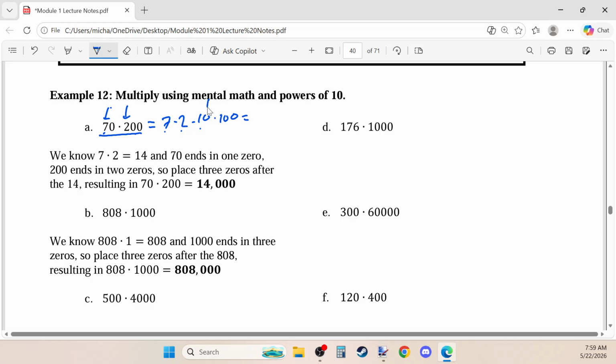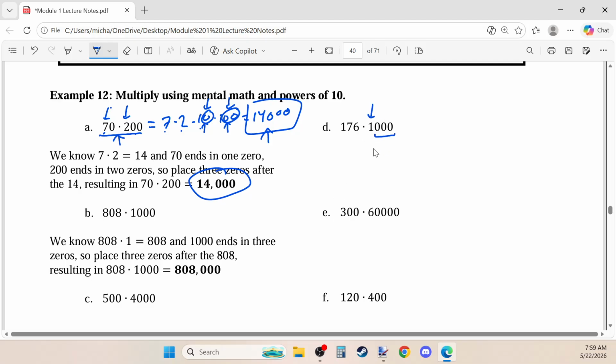And multiplying by a power of 10, like 10 or 100, is just placing the zeros at the end of the number. 7 times 2 is 14. I have 1, 2, 3 zeros to put at the end. This equals this, like it says there.